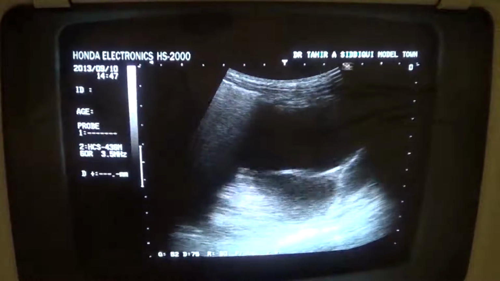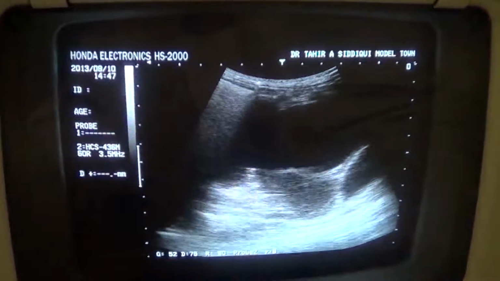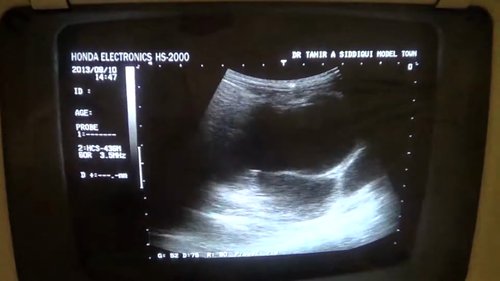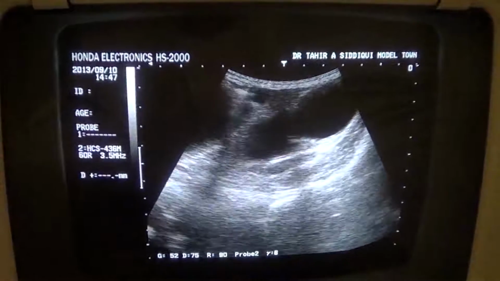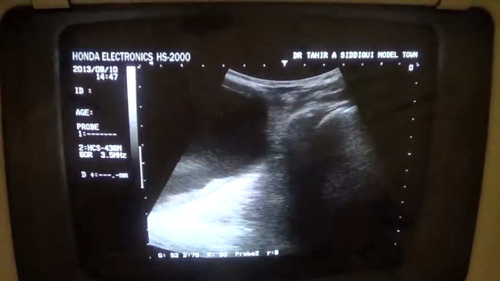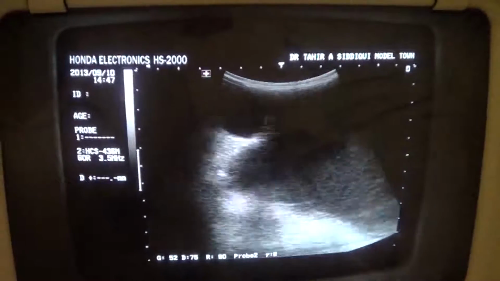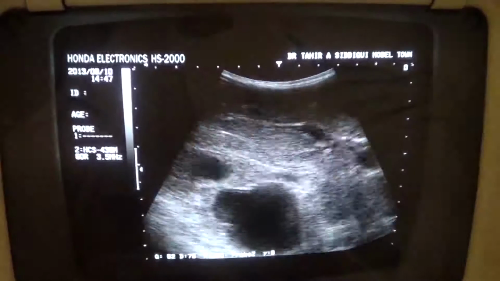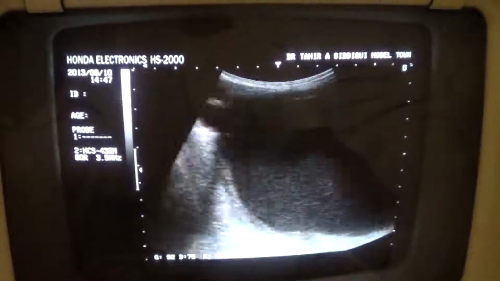This is the anterior abdominal wall skin, and this is the small amount of subcutaneous tissue, and it remains the same. The subcutaneous fat is now on the right side, starting from the right hypochondrium, coming down up to the pelvic region.